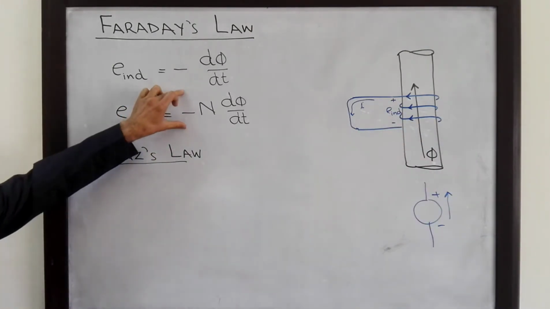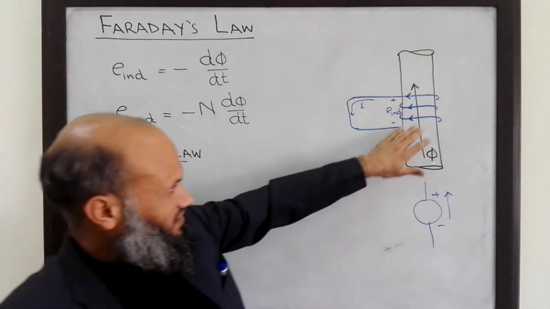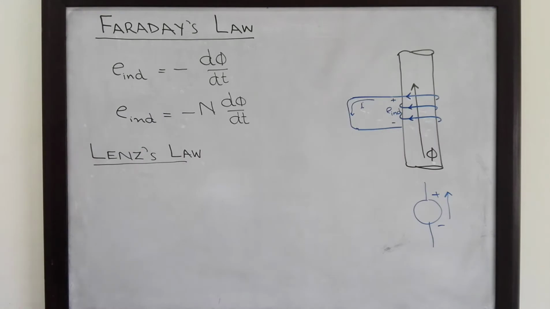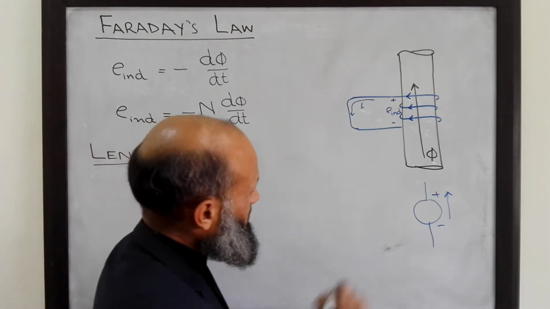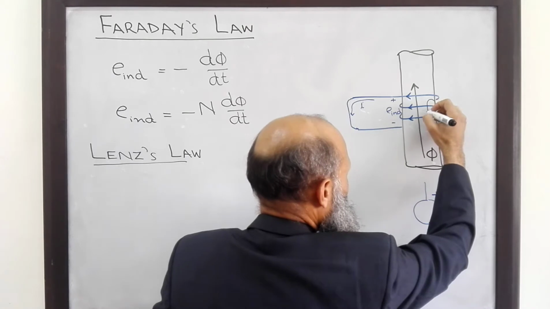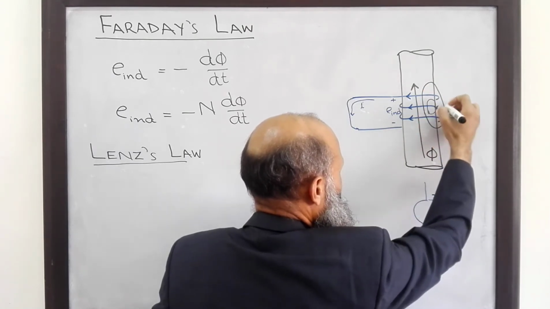In this expression, we have assumed that the same flux passes through all these turns of wire. However, there may be leakage flux. Due to leakage flux, different turns will have different flux lines passing through them.